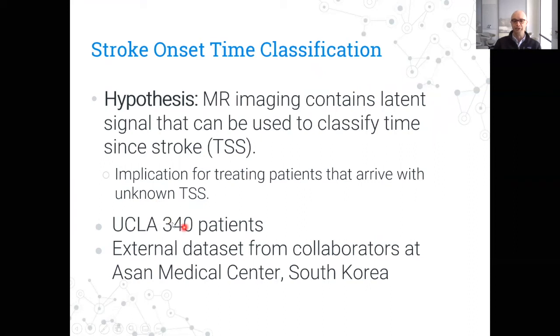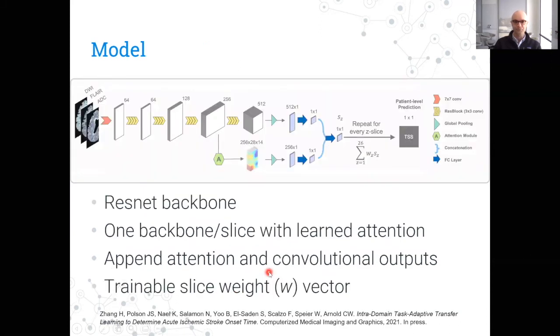So at UCLA, we took around 350 patients. We also have a data set from collaborators in South Korea. We trained a slice-wise deep learning model. We took our DWI, FLAIR, and ADC sequences, and for each slice, we trained a model. It first generates features with a CNN backbone. We have an attention module here.